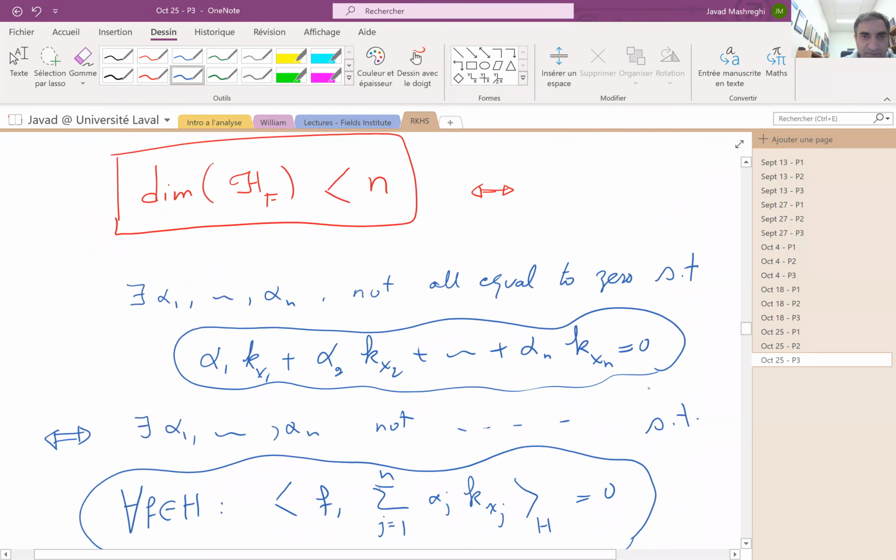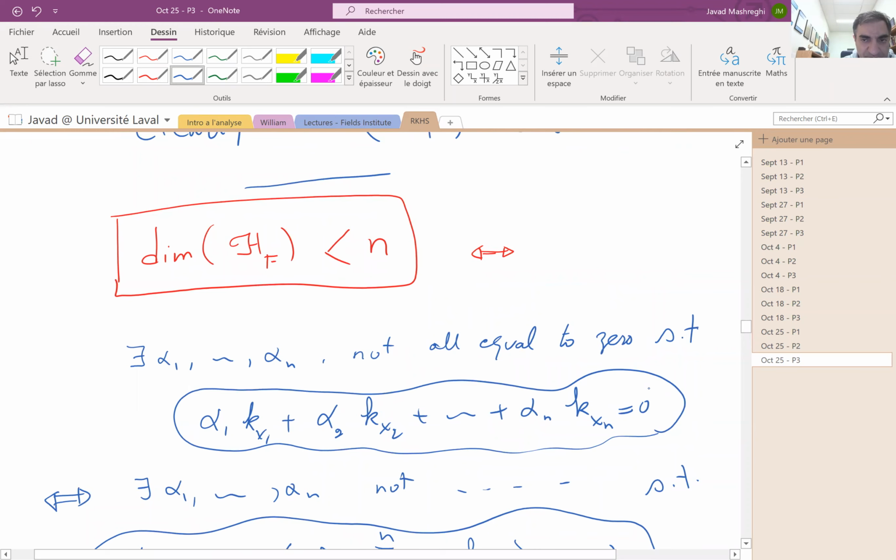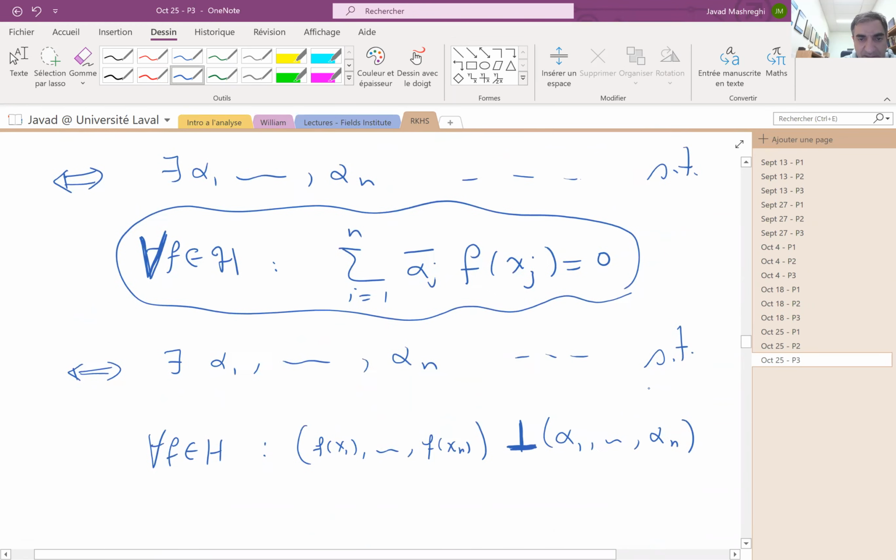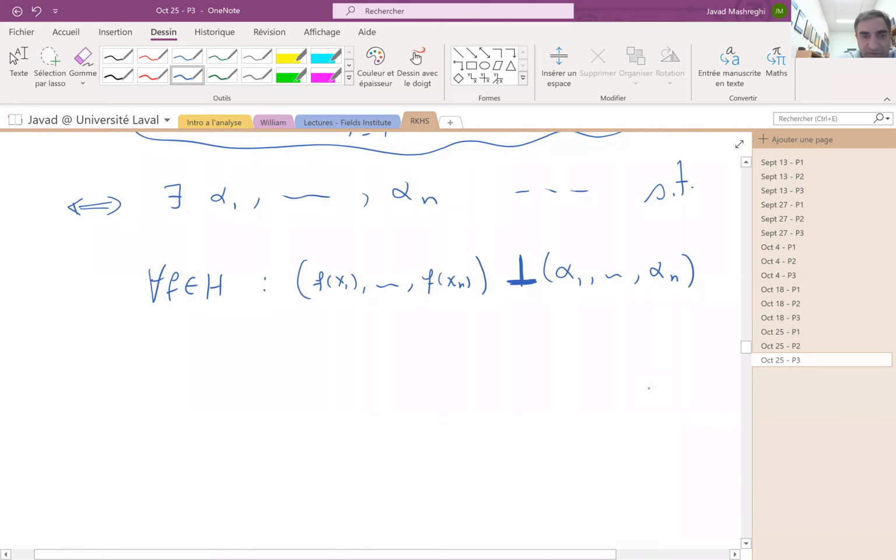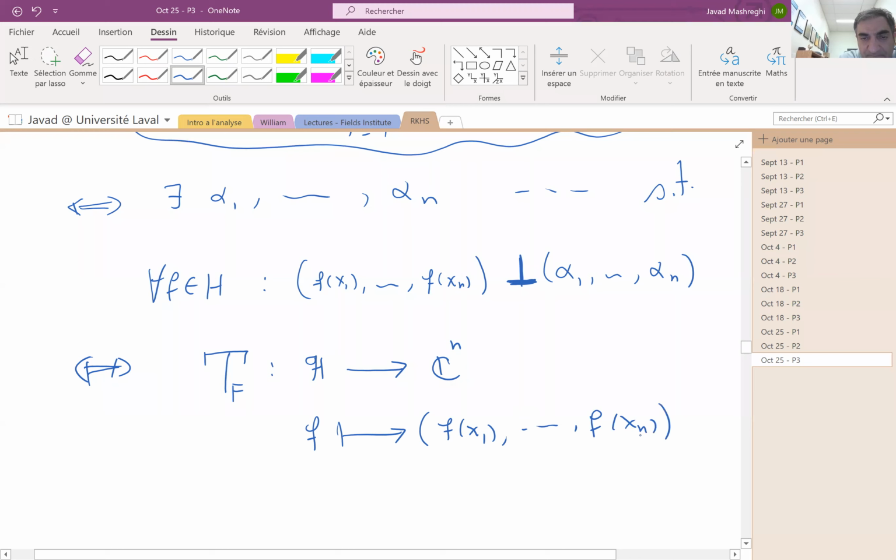All of these are equivalent, the first one I wrote in red. This one is red too: if and only if, I define T_F from H to C^n by the image of f being its trace, (f of x1, up to f of xn).